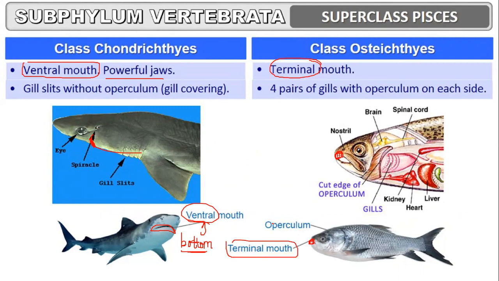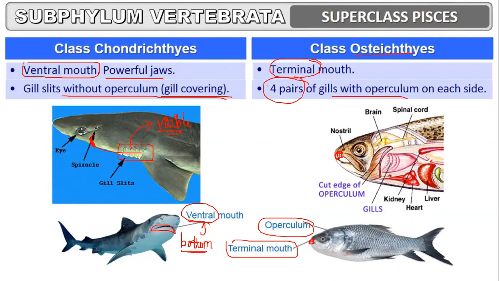Okay, everyone. And in case of Osteichthyes, you will find operculum is present. Look, the gill slits of shark are externally visible because they are not covered by an operculum, there is no gill covering present. Whereas in Osteichthyes, there are 4 pairs of gills with an operculum on each side.